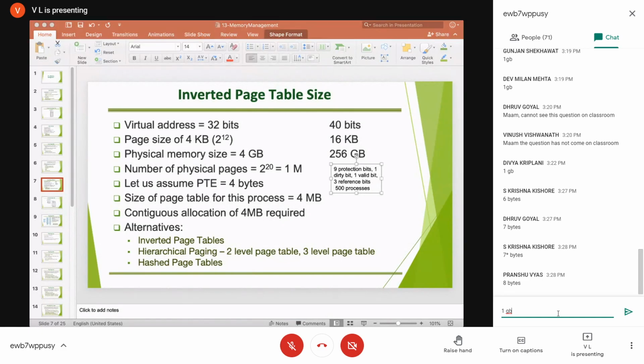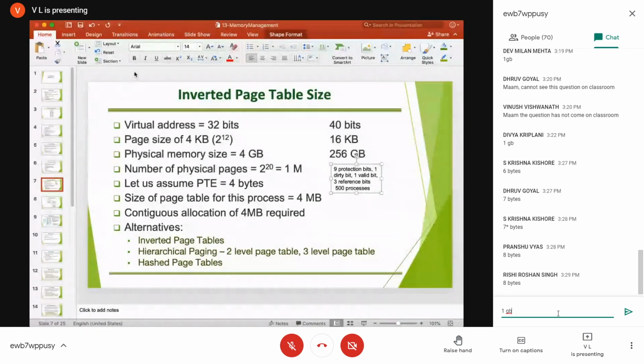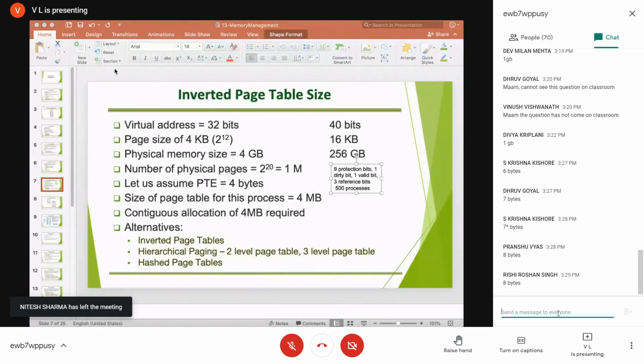Okay, so what's the answer coming on the chat? 8 bytes. Why 8 bytes? So let's try to see. Everyone is coming with 8 bytes. Let's see how much it will be. Okay, so let me go for view. Sorry, view. First, let me save this.